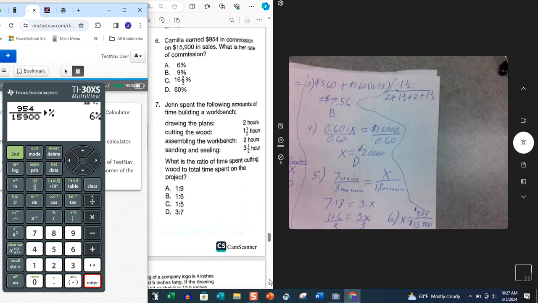So now we can put this in our calculator. So what I want to do, I want to total up what the denominator is first. So we add 2 plus, we'll press second, the N over D to get the mixed number. So we add 1, and then 1/2.